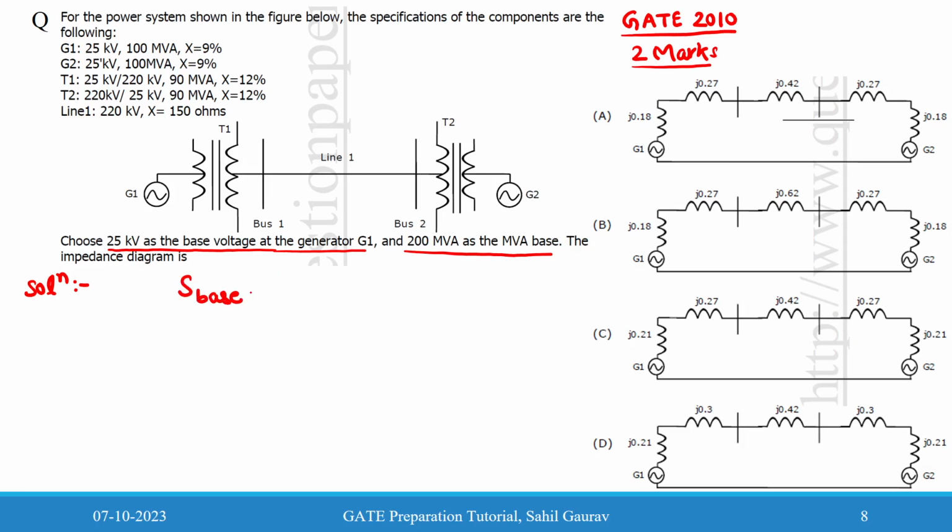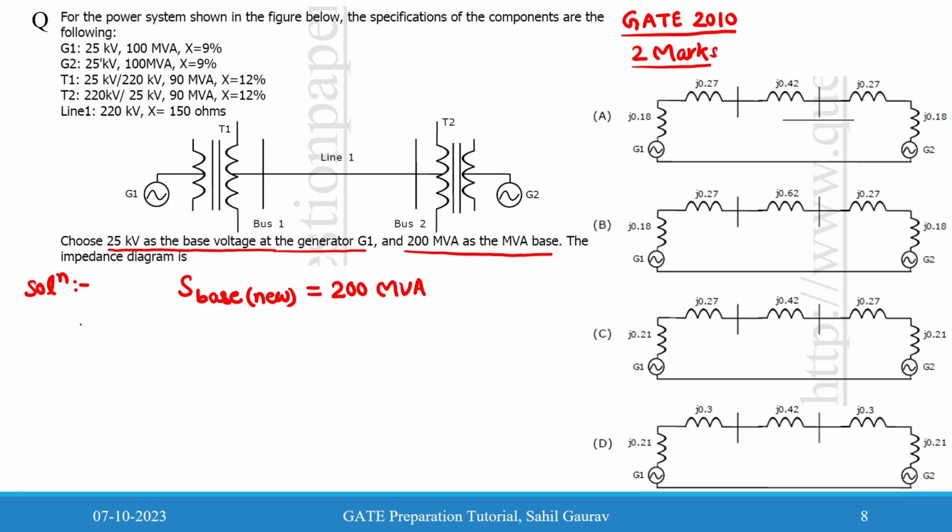This S base new, given as 200 MVA, is used to find the per unit reactance of the whole system, and it will not change throughout the system. Since there are transformers in this power system, the base voltage will change as the turns ratio of the transformer changes.